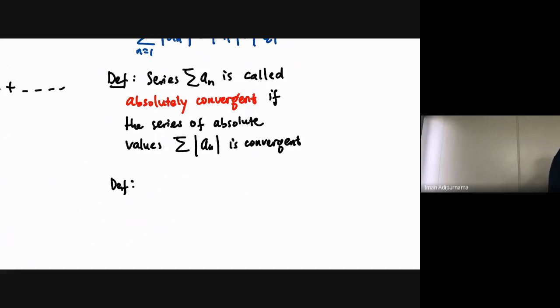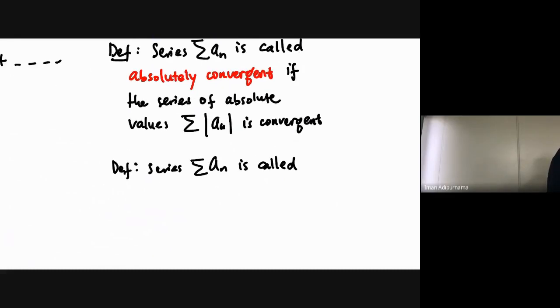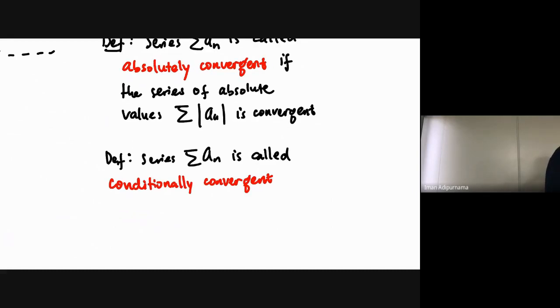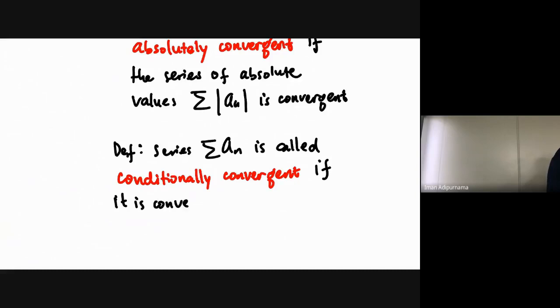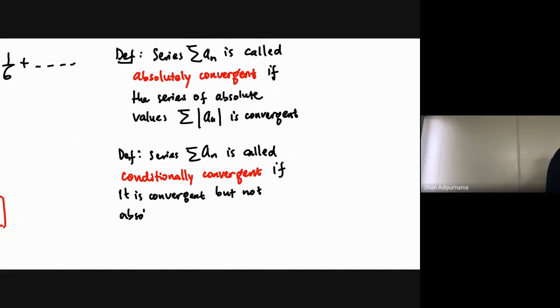So another definition: series an is called conditionally convergent if it is convergent but not absolutely convergent.